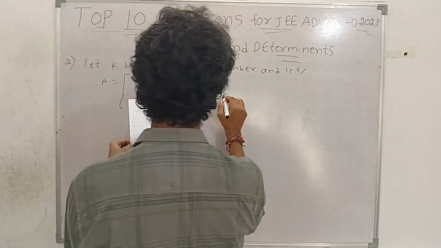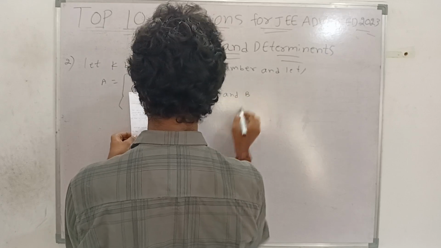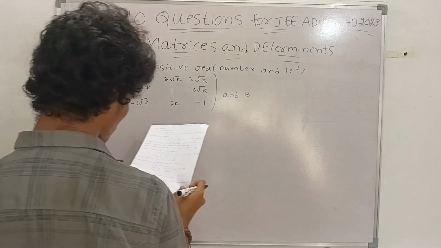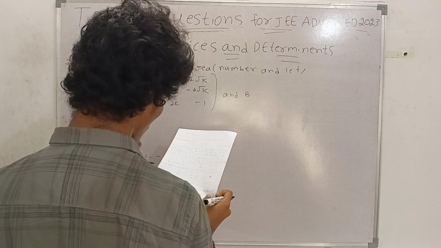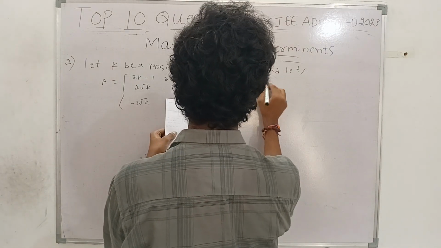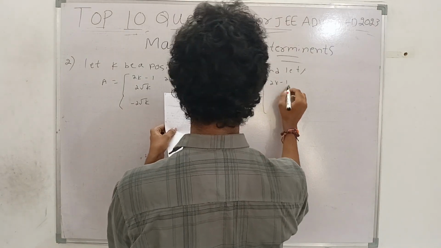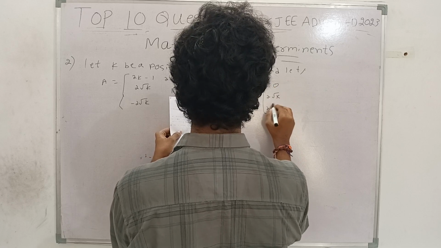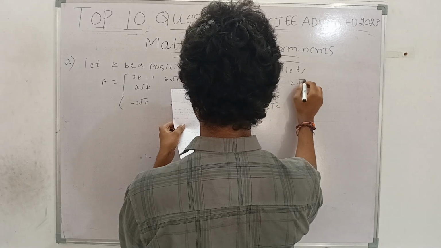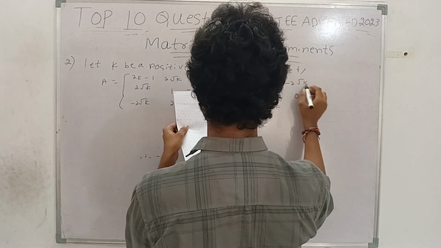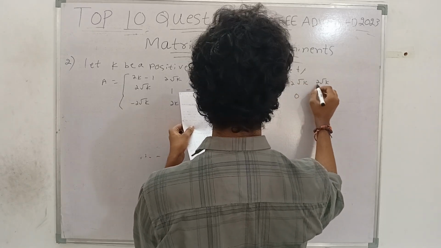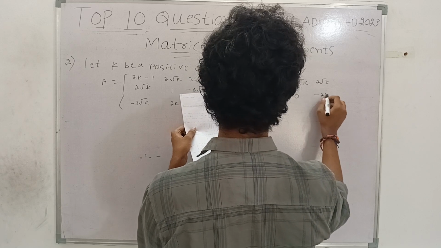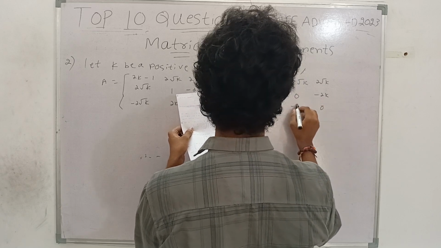This is the A value, and B = [2k−1, 0, 2√k; ...; −2√k, 0, −2k].